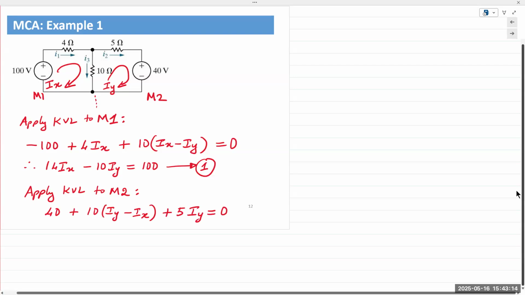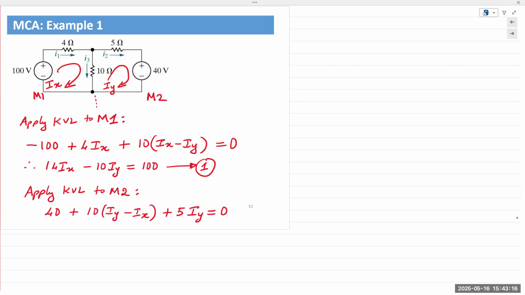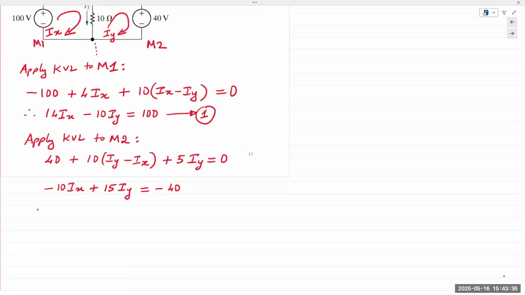And so I get minus 10 times IX plus 15 times IY is equal to minus 40. I'm going to flip it to the other side, so I get 10 times IX minus 15 times IY equal to 40. This is equation number 2.